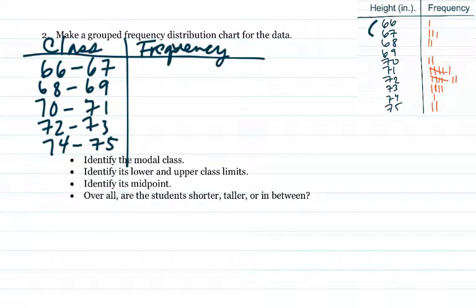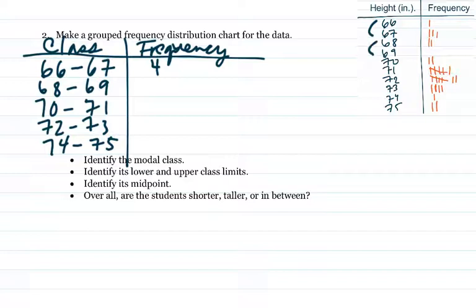I can use the chart from before or the list of the data again to recognize the frequency of the data that's in the class from 66 to 67. Now I can just count. It's 1, 2, 3, 4.